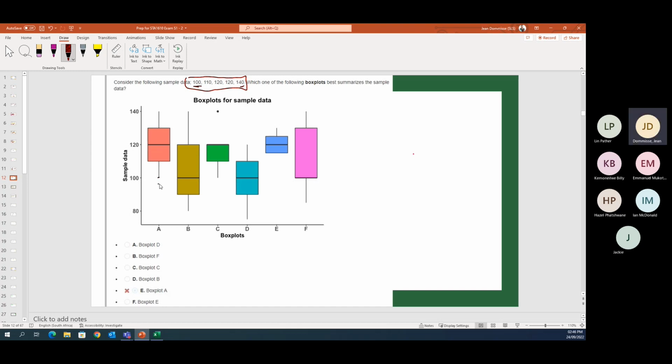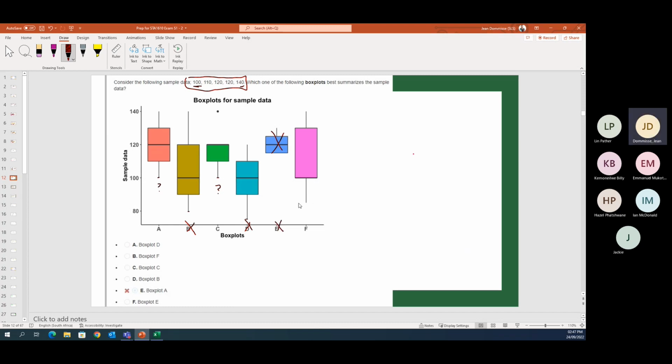So let's go through them. Minimum 100 might be an option. Minimum 80, not an option. Minimum 100 might be an option. Minimum, that looks like 75 or something, not the option. Minimum could be 110 or something like that, but we're looking for 100, so that is also not an option.